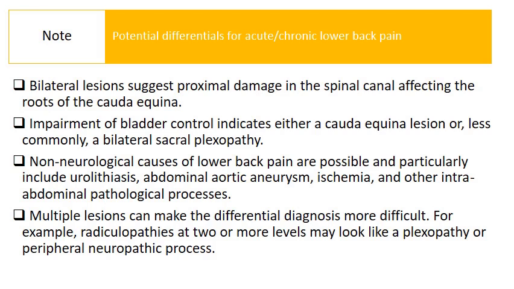When you've got loss of bladder control or bowel control, this indicates that the lesion is probably in the cauda equina, and less common, it could be a sacral plexopathy. There are, as we know, non-neurological causes of low back pain, particularly with kidney stones, aortic aneurysms, ischemia of the lower extremity, and other intra-abdominal pathological processes.